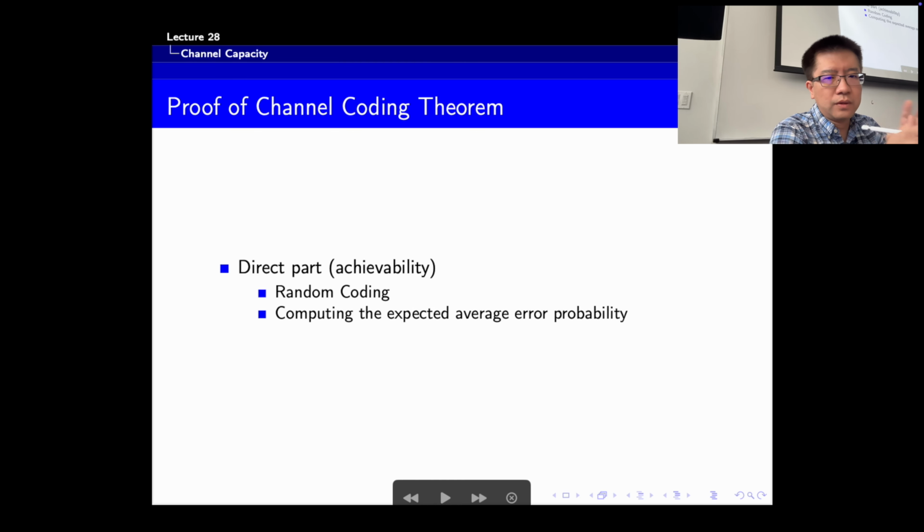That's our goal. We use the idea of random coding, and we want to compute the error probability. We start from computing the expected average error probability. That's basically what we did in our last lecture.